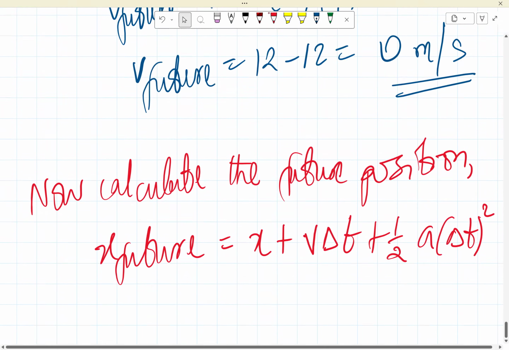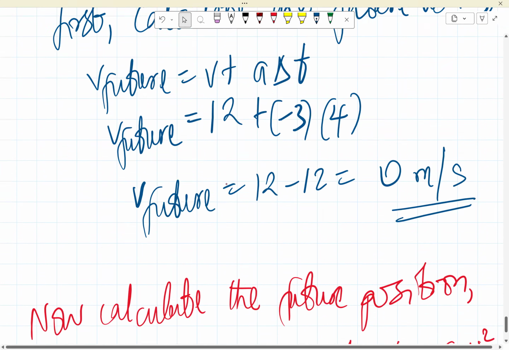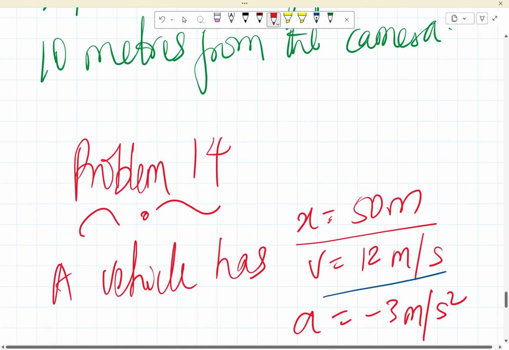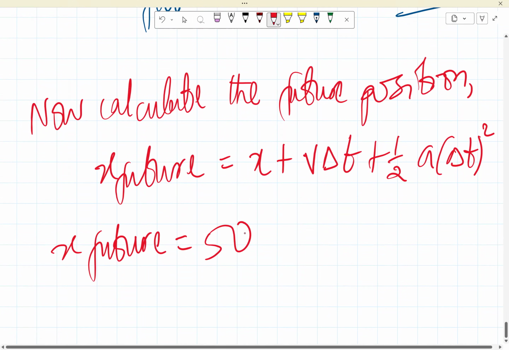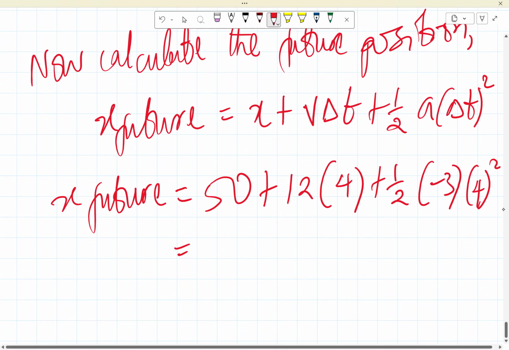What that tells us is that x future is equal to the initial x, which we know is 50 meters. So we have 50 plus the velocity 12, change in time is 4, plus half, acceleration is minus 3, then change in time is 4 squared.